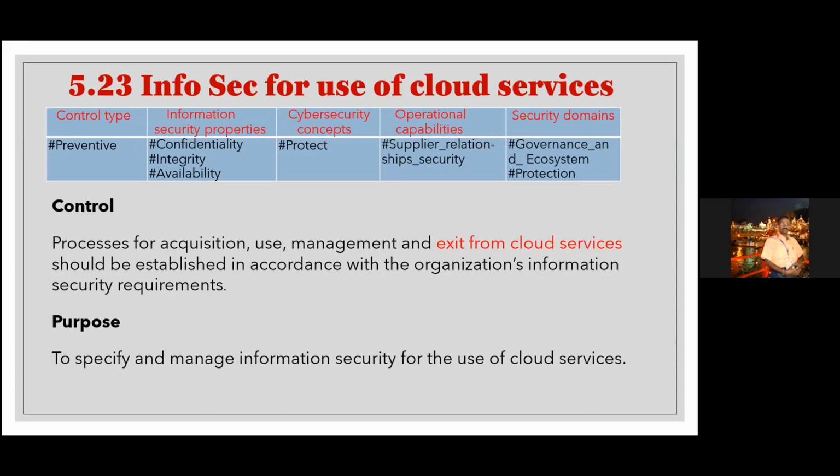But nobody has looked at the exit area. When we want to exit from a particular cloud service provider, how will we do it? What is the procedure? This control now emphasizes that an organization should also look at exit provisions when they decide to go for cloud solutions.